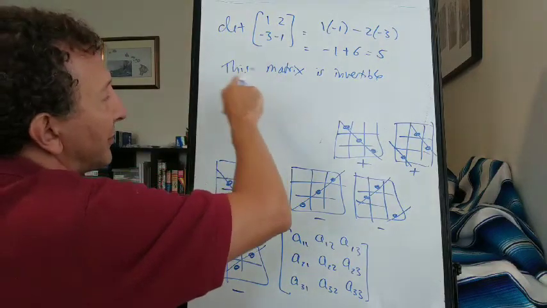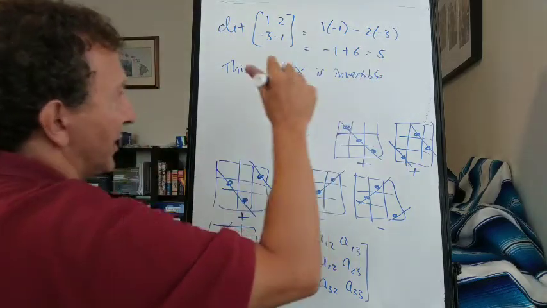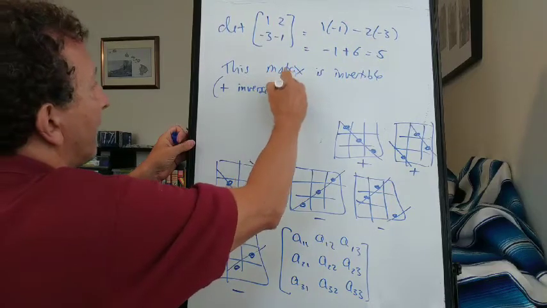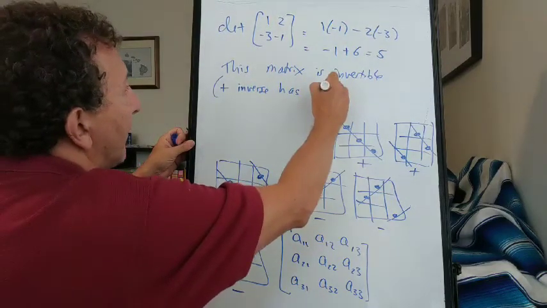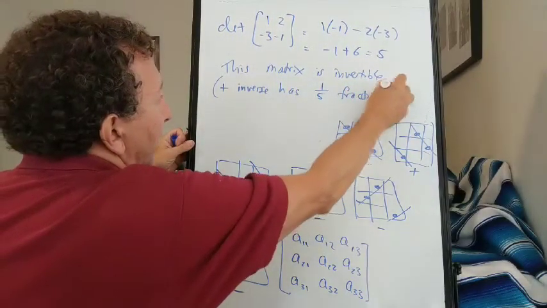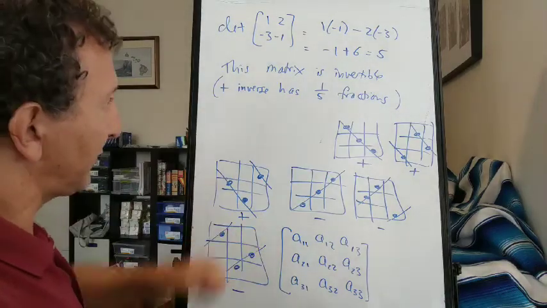And it turns out that if there are any fractions in the inverse, and there will be, they're going to have 5s in the denominator. So there might be 2/5, 3/5, negative 6/5.